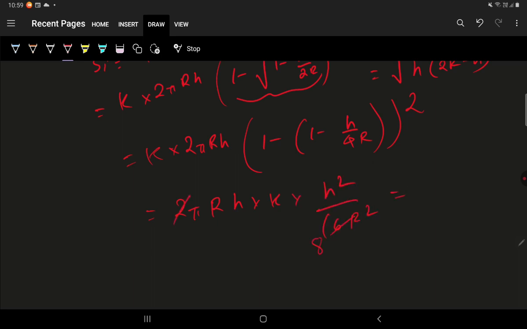Finally you will end up with k pi h cube by 8R. So this is my change in the potential energy due to the spring.